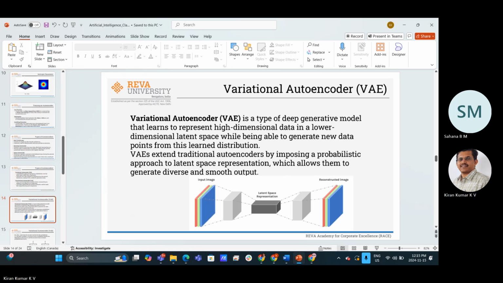So you're creating a new synthetic output, not original. You want a synthetic image, you have to go for VAE. Autoencoder reconstructs the original image, but you don't want the original image. You want a different image.